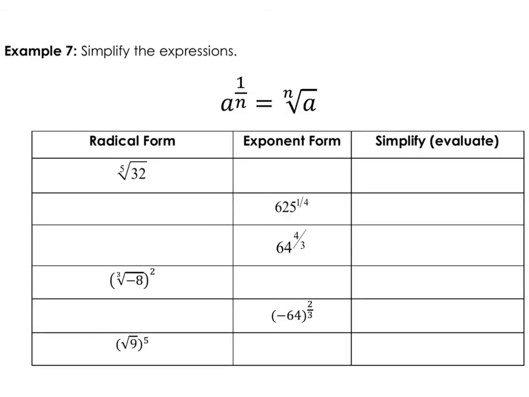Okay, let's also look at this chart right here. This chart has to do with switching our radicals, which we've talked about in the past, to exponents. So here's what you're going to do. This is kind of a rule for it, but let's look at the first one.